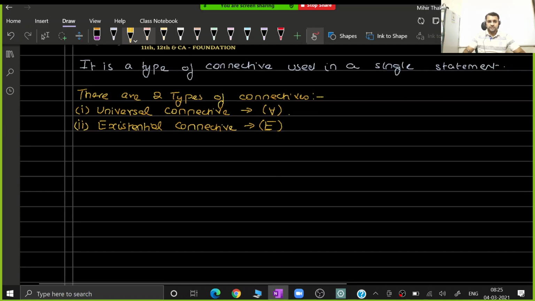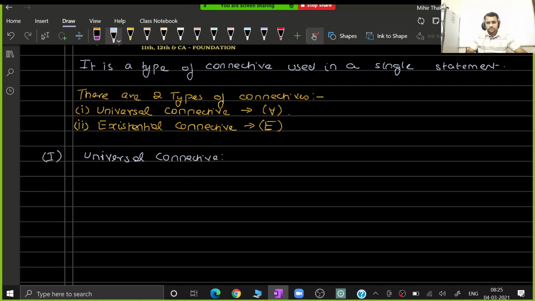So I will write the first heading. Universal connective. So what is the universal connective? As I told you that it is denoted by the notation like this.